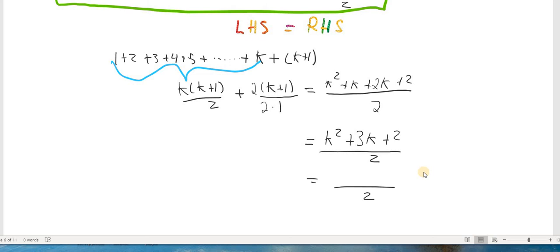Guess what? The numerator factors. So going back to our algebra days, how do we factor? Well, the two numbers in the front give you the first number. K times k gives you k squared. The two numbers in the back, when you multiply, give you the last number, right?